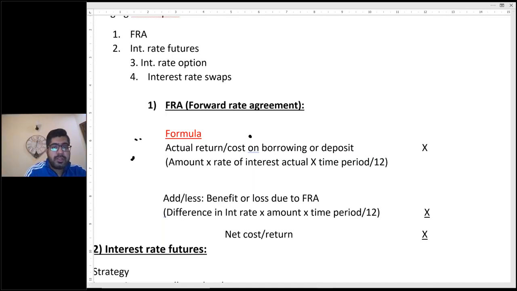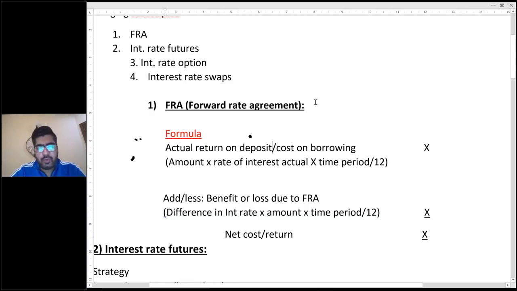actual return on deposit or actual cost on borrowing. Maybe the question gives you a payment case, maybe it gives you a receipt case, we cannot guarantee.